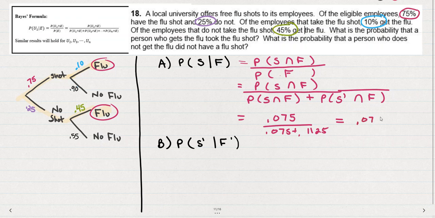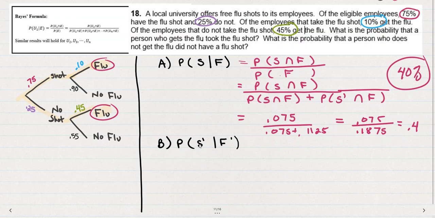So 0.075 over 0.1875. When we divide those, we get 0.4 or 40%. So what's the probability that a person who gets the flu took the flu shot? It looks like 40% of those who got the flu had the flu shot.